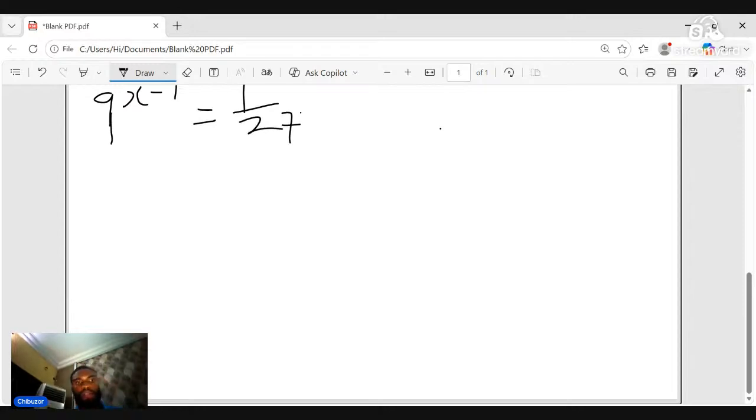This is what we solved. Here we are asked to find the value of x.